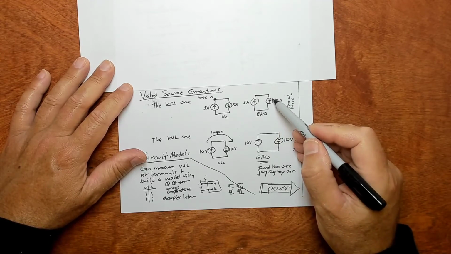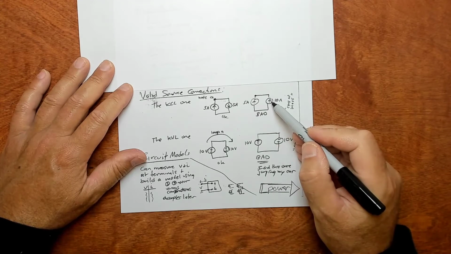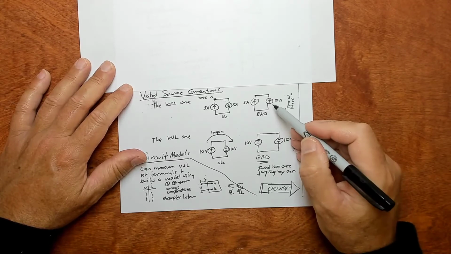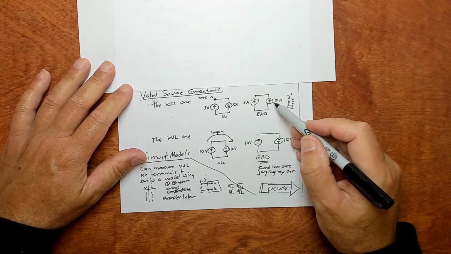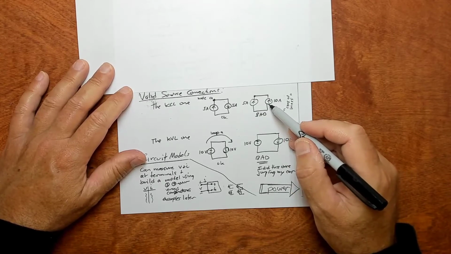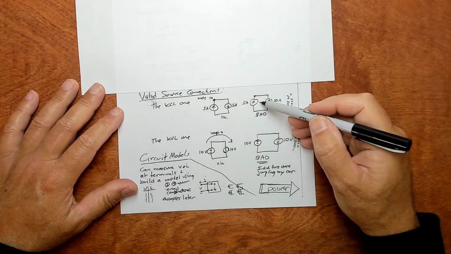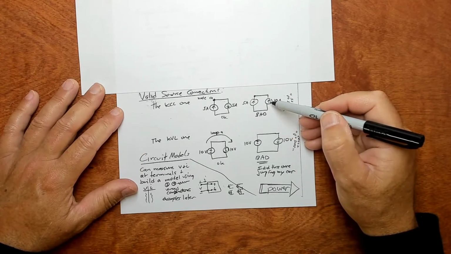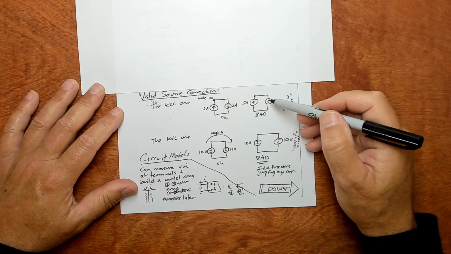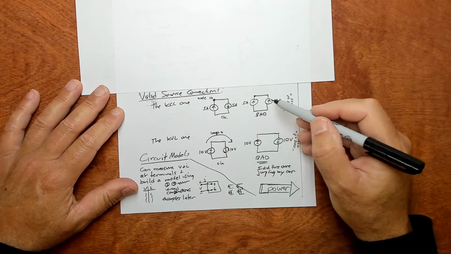If these were batteries, then they may reach some kind of a state where they just sit there. But if they're active sources, they may fight each other, and typically there's going to be a circuit breaker or something like that that's going to pop. But if you didn't have a circuit breaker, like this was a motor or something, 2 motors trying to fight each other, bad things could happen.